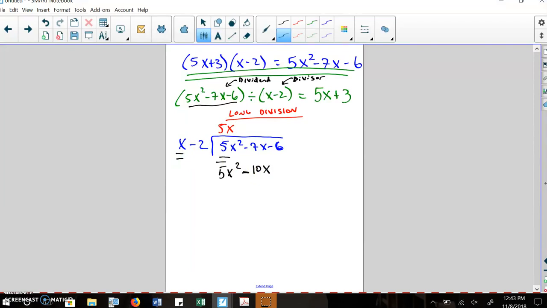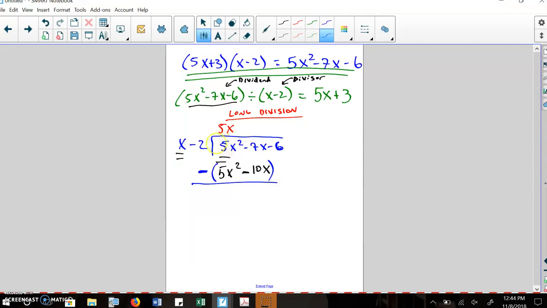Okay? And then if you'll remember, when you do regular long division, in the middle, you subtract. Now here's where people make mistakes. When they subtract, they forget to distribute the negative sign to all of this. So my recommendation is, at this step, put some parentheses so you remember to distribute the negative sign.